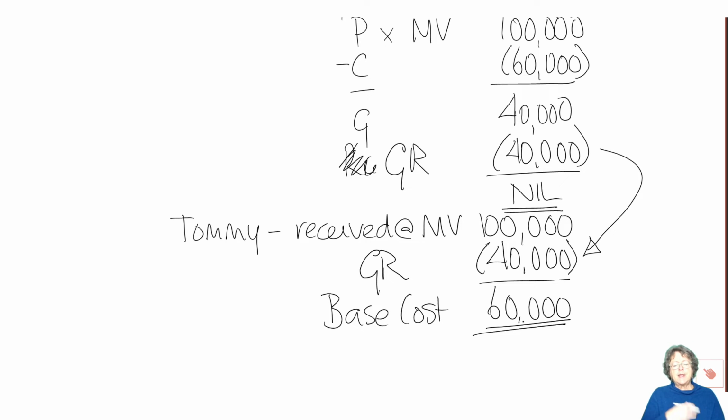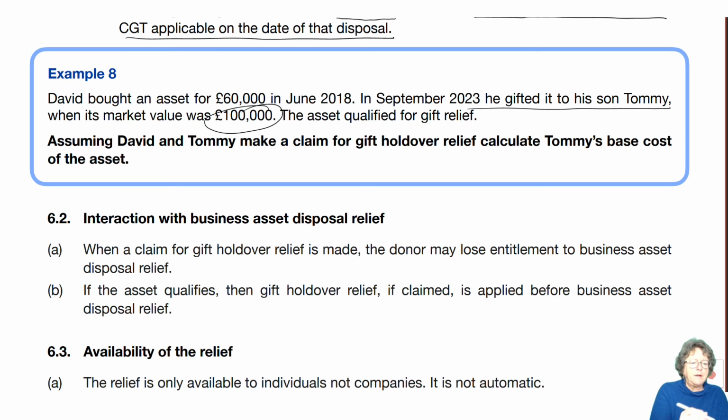So it's the same process as with rollover relief. Now, the problem with gift relief is David made the gain, Tommy's paying the tax. So you are going to have an election signed by both of them to say that Tommy not only receives it at market value, but is quite prepared to pay the tax when that asset is then sold.